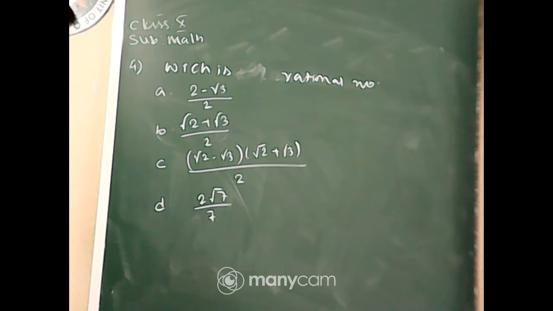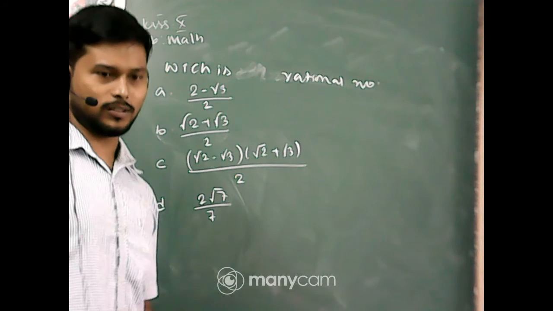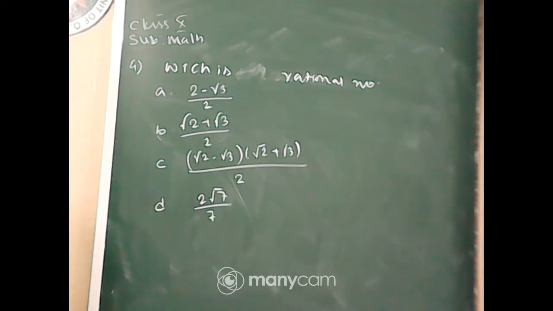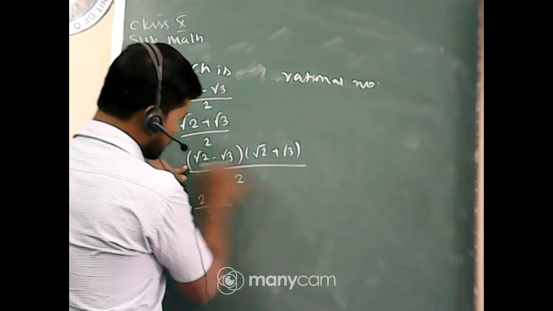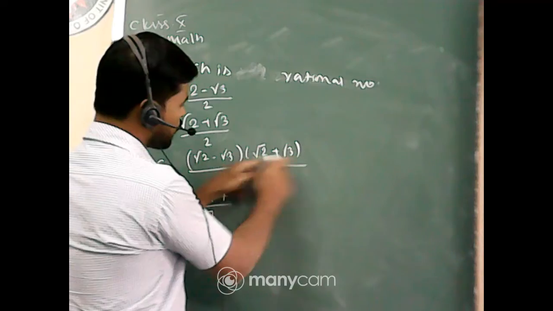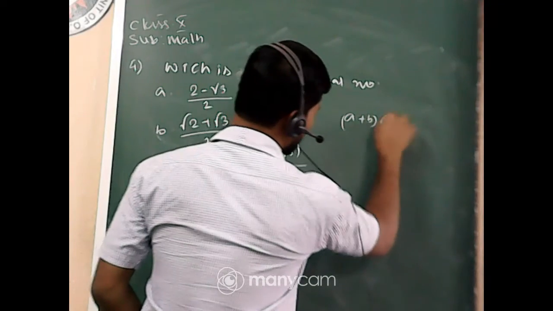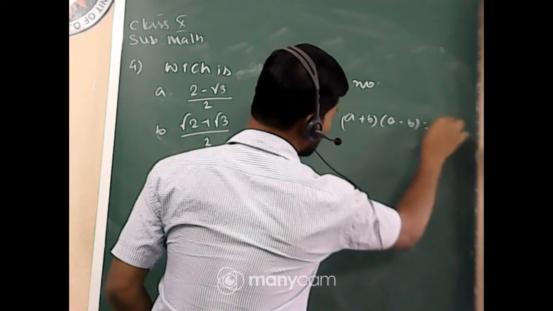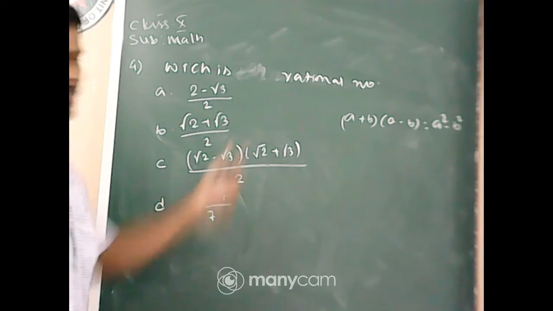Option C, you are saying option C. Yes, very good, exactly. Option C is a rational number. Why? Because look at the format of the expression: it is (root 2 minus root 3) into (root 2 plus root 3). So it has a formula like that, (a plus b) into (a minus b), and we know that it is a square minus b square. So we can apply the a square minus b square formula here.